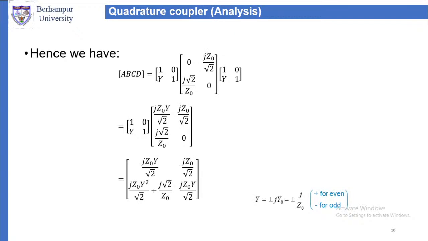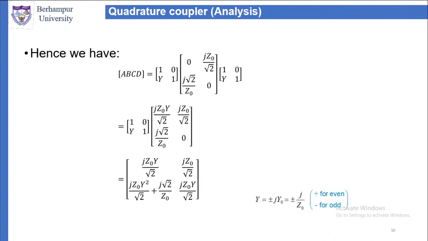Now ABCD will be 1 0 Y 1, into 0 jZ0 by root 2, j root 2 by Z0 0, then 1 0 Y 1. The 1 0 Y 1 matrices are for the shunted admittances, and 0 jZ0 by root 2, j root 2 by Z0 0 is for the lambda g by 4 line. Now multiply the last two parts.